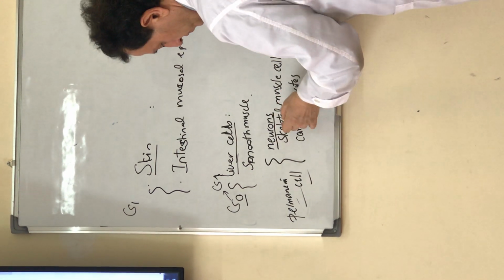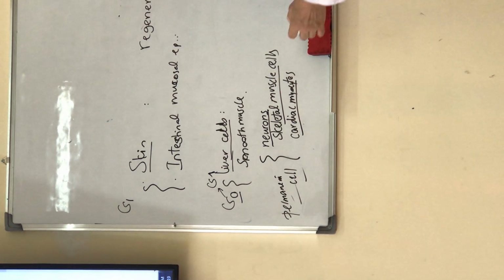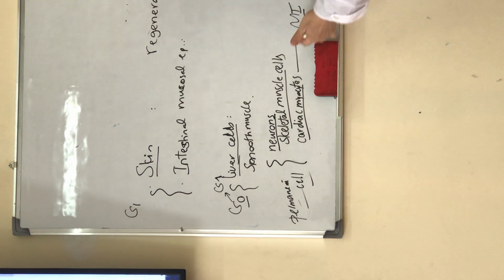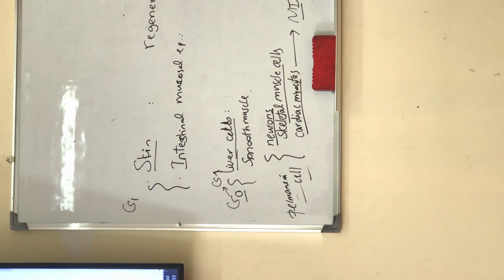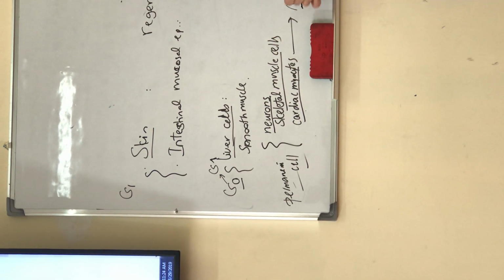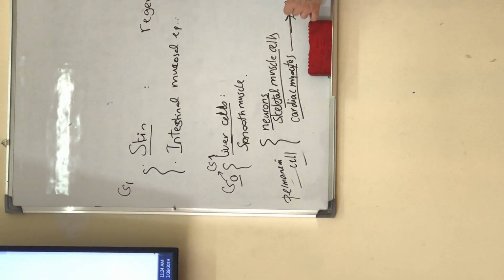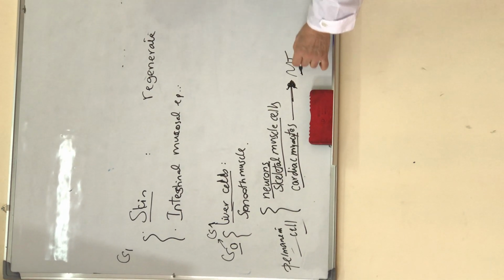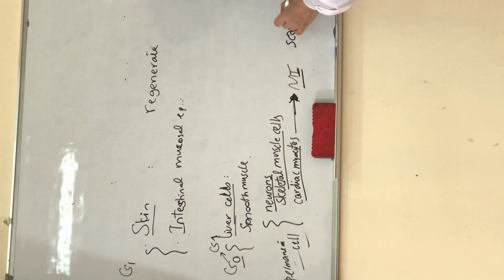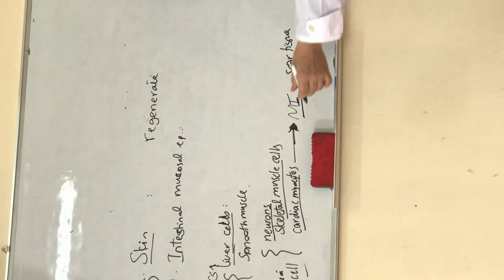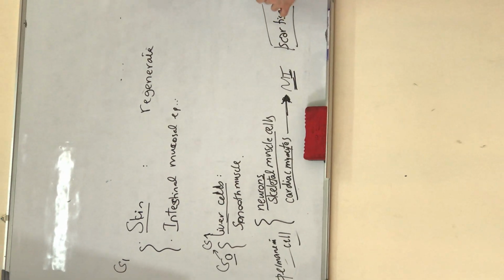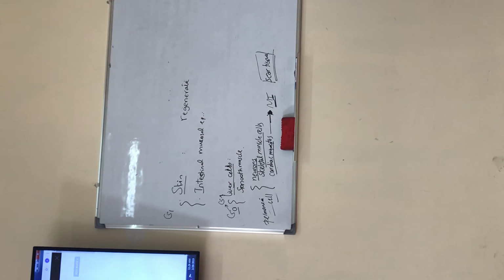If there is injury to neurons or skeletal muscle cells or cardiac myocytes, such as myocardial infarction in heart, these cardiac myocytes cannot proliferate if they are injured. If there is death or necrosis of these cells, then the repair tissue that occupies the necrotic tissue is only scar tissue. No cardiac myocyte can proliferate, and all the repair tissue is scar tissue.